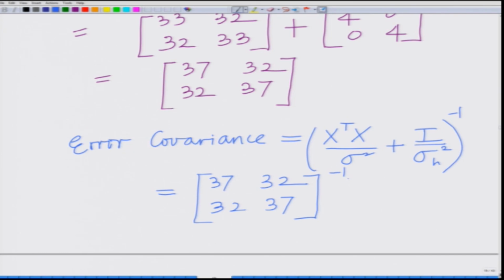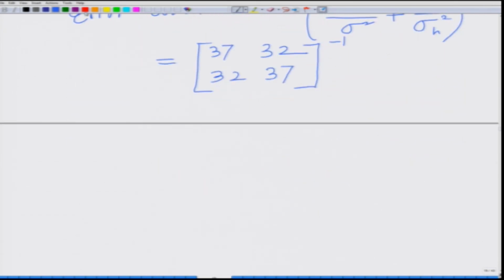This is a 2 cross 2 matrix, so the inverse is easy to compute: 1 over the determinant, 37 square minus 32 square, which is 37 minus 32, that is 5, times 37 plus 32, that is 69.